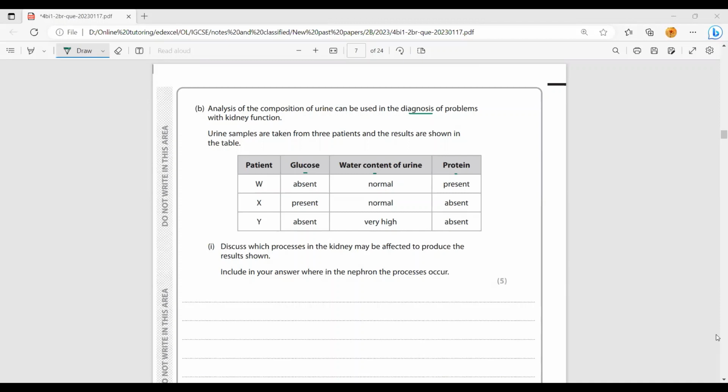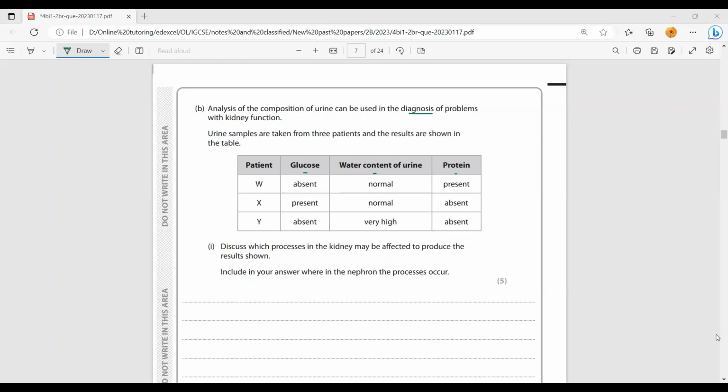The effect will be that the protein stays the same, it passes out of the blood. The protein, you said? The protein. Continue. It passes out of the blood. Out of the blood. Okay.